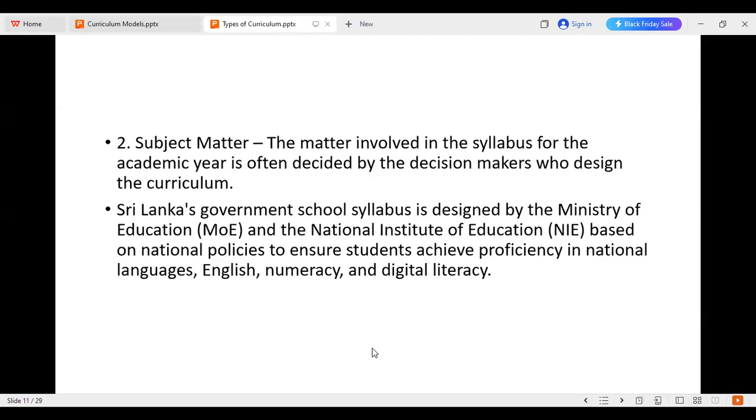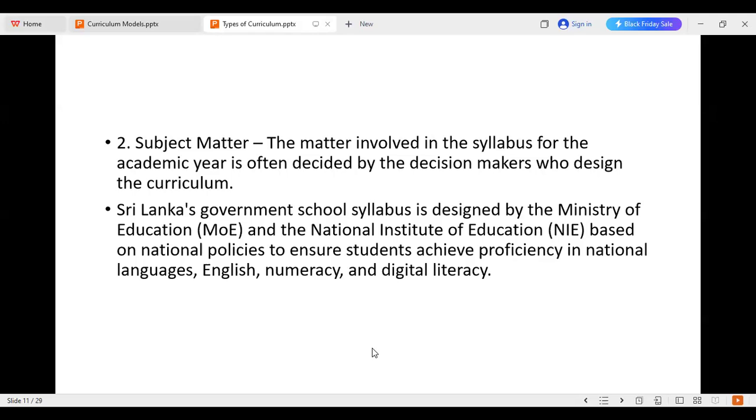Number 2, subject matter. The matter involved in the syllabus for the academic year is often decided by the decision makers who design the curriculum. The syllabus is prepared by the National Institute of Education as well as by the Ministry of Education.